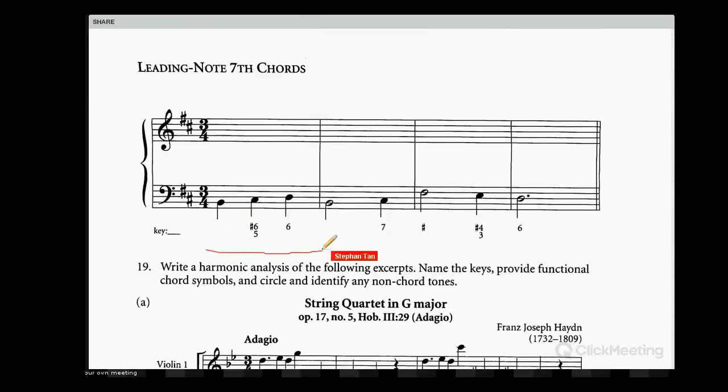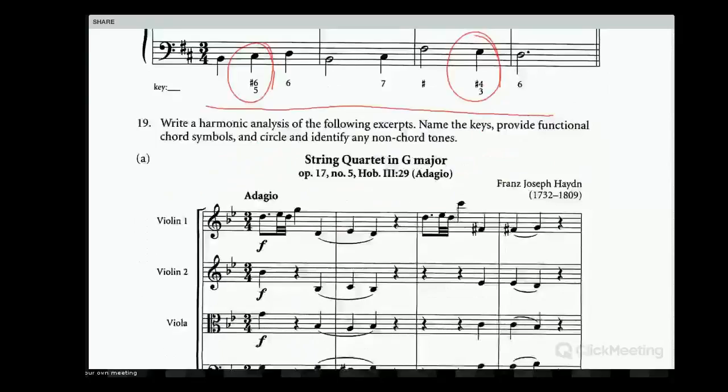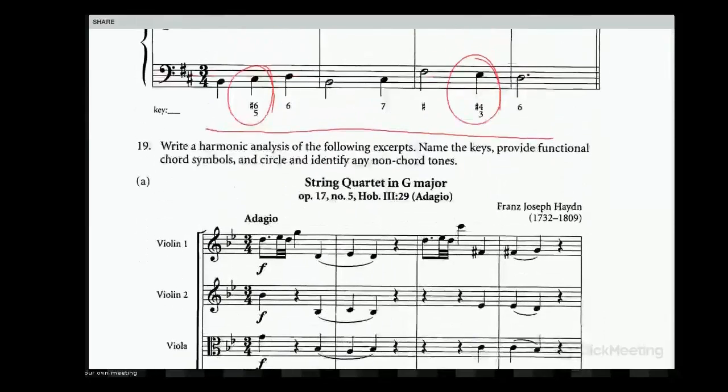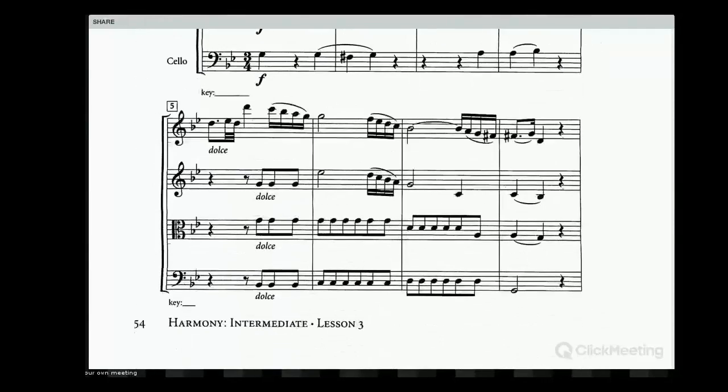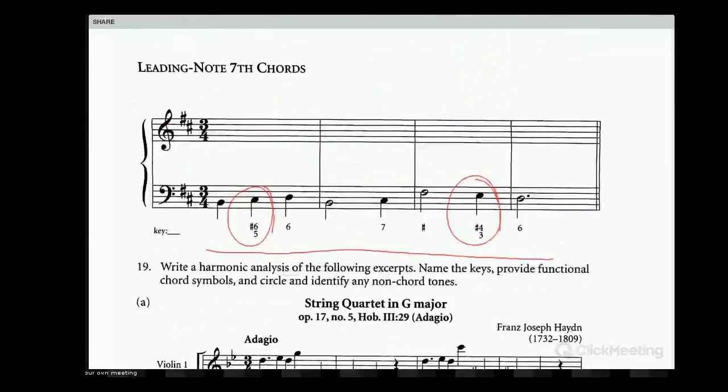So it's hardest to spot in a situation like this, right? It may not occur to you that I've got a diminished seventh chord here or here. So my advice again would just be to fill in all the chord symbols. That would definitely help. The analysis, of course, is very important.